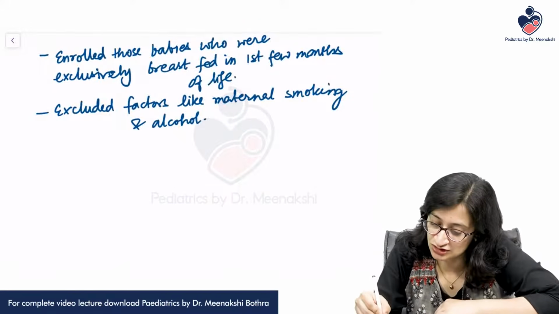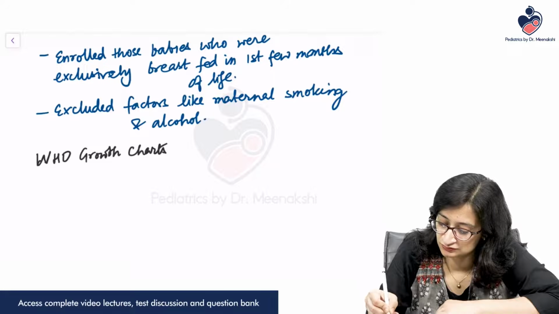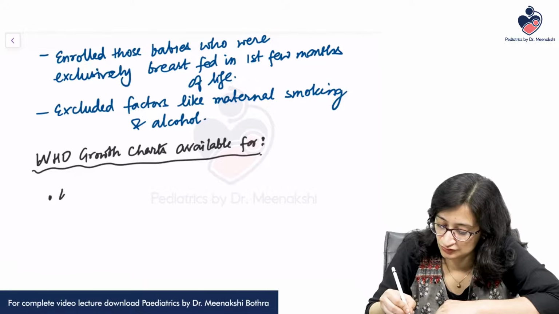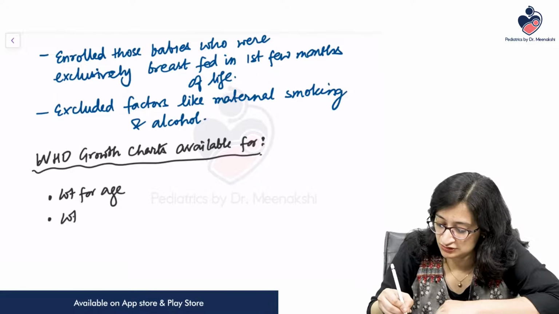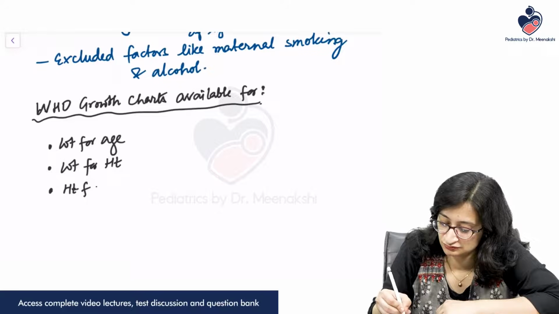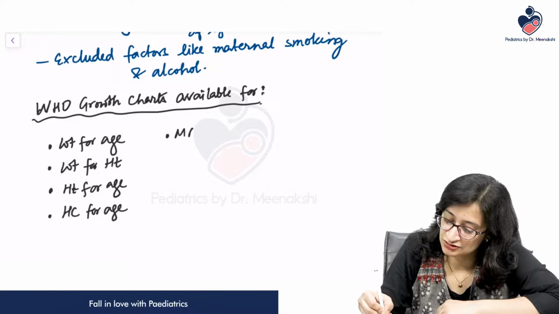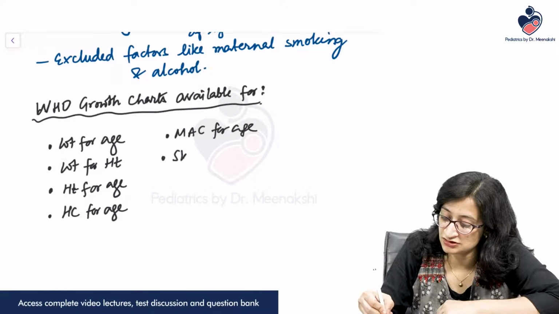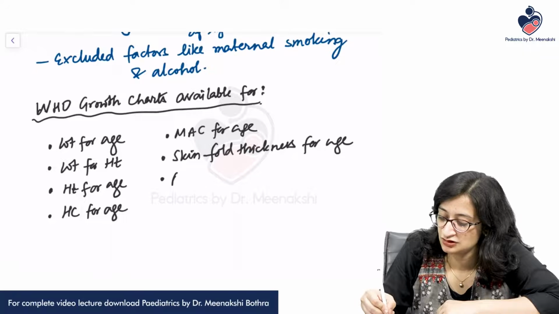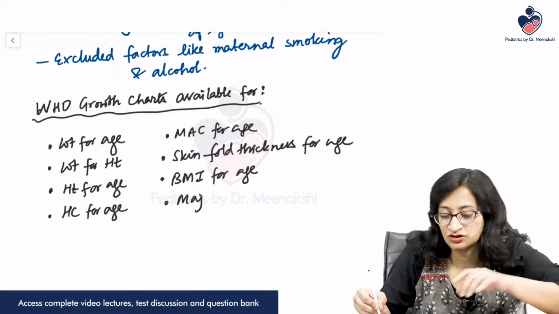So WHO growth charts are available for weight for age, weight for height, height for age, head circumference for age, mid-arm circumference for age, skin fold thickness for age, body mass index for age, and you even have growth charts available for major motor developmental milestones as well.